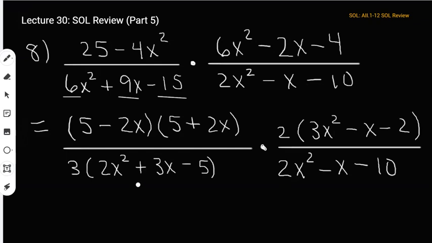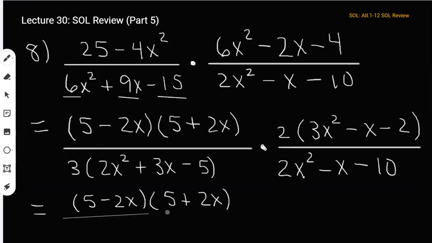Okay, so now let's factor what we have left. So the top is going to remain the same. I've still got 5 minus 2x times 5 plus 2x. In the denominator, I still have a 3.